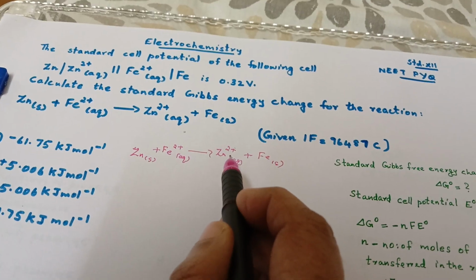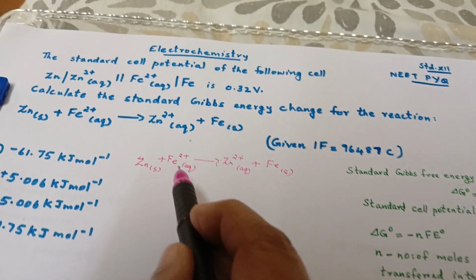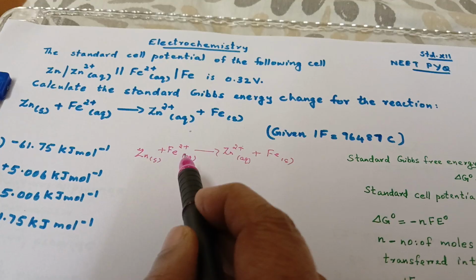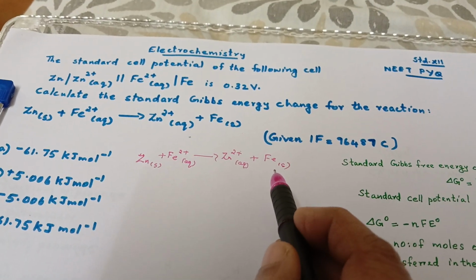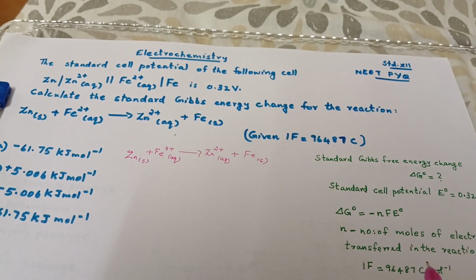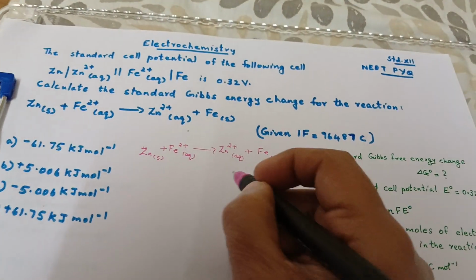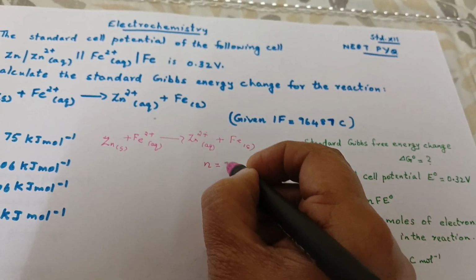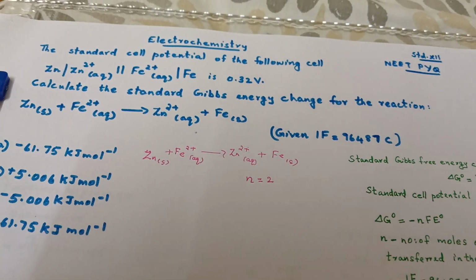And who is gaining those 2 electrons? Fe2+ is gaining those 2 electrons and it is becoming Fe solid. So the number of moles of electrons transferred in the reaction, that is n, equals 2 in this reaction.